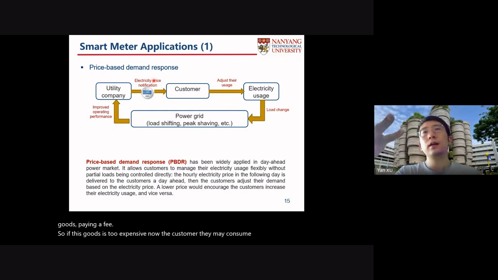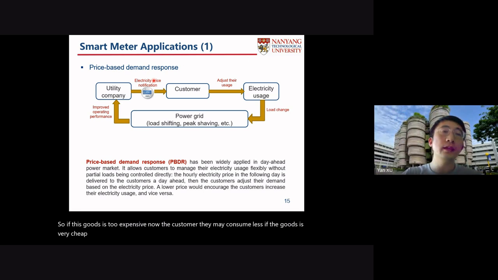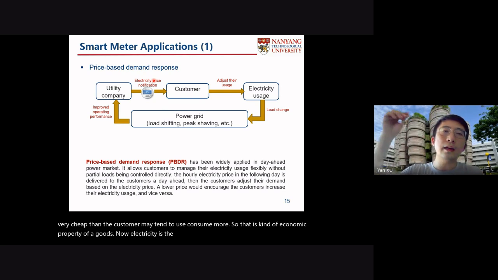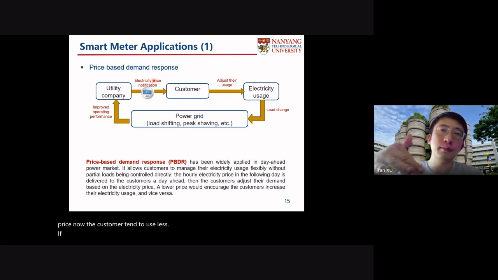If the goods is very cheap, then the customer may tend to consume more. That is the economic property of a goods. Electricity is the same. If we set a higher electricity price, the customer tends to use less. If we set a lower electricity price, the customer tends to use more.